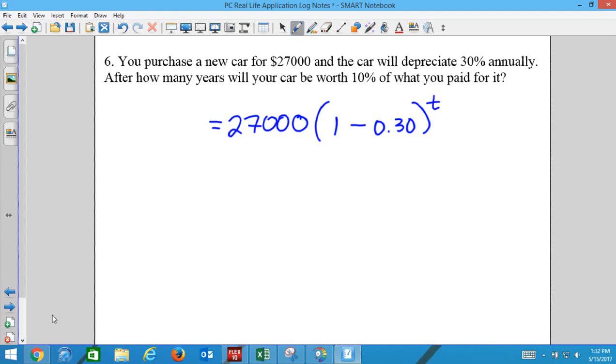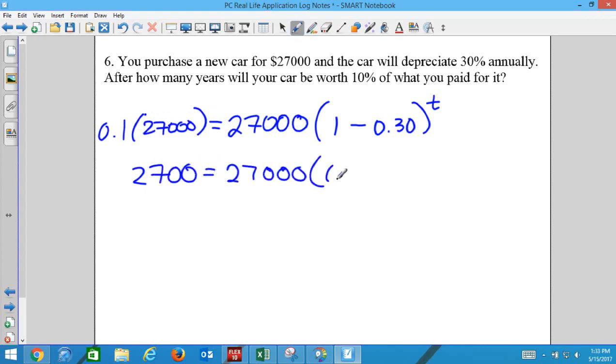After that time, how much will it be worth? You're saying 2,700 because you took 10% of 27,000. So we get 2,700 is equal to 27,000 multiplied by 0.7 to the t.